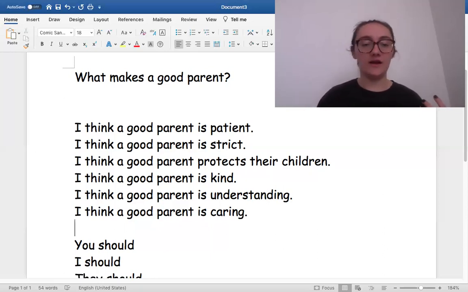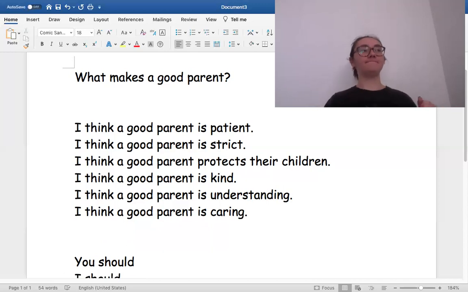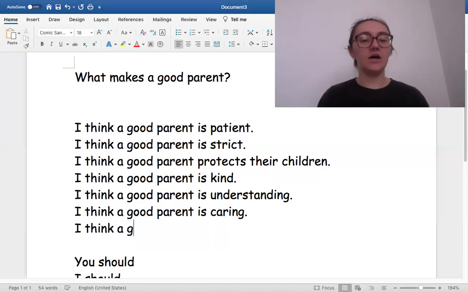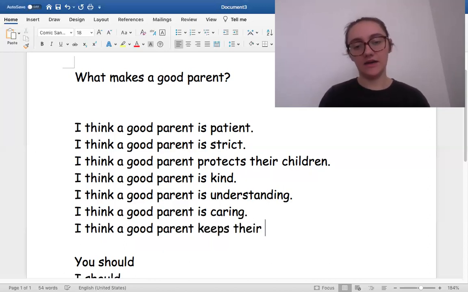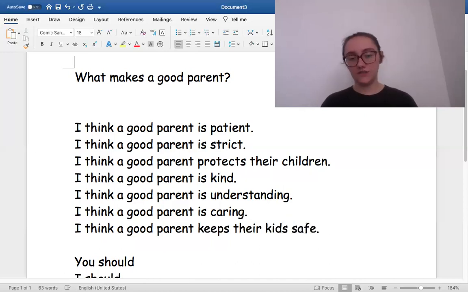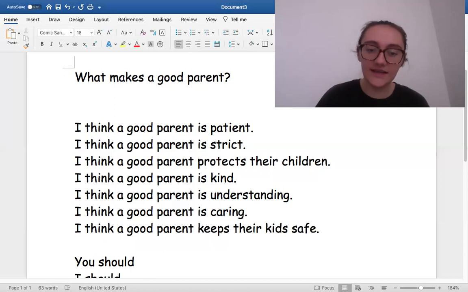I think a good parent keeps their kids safe. So again, I used just a regular verb, not a progressive verb, right? A continuous verb.